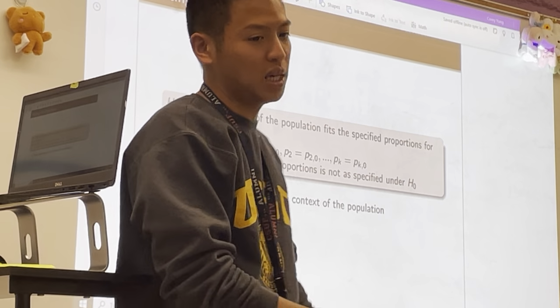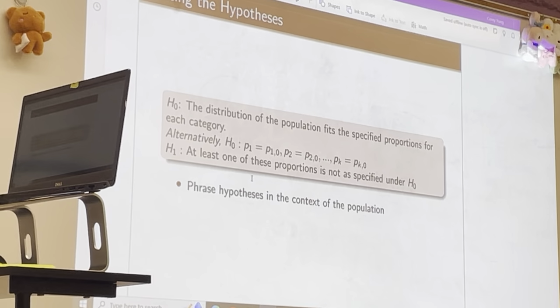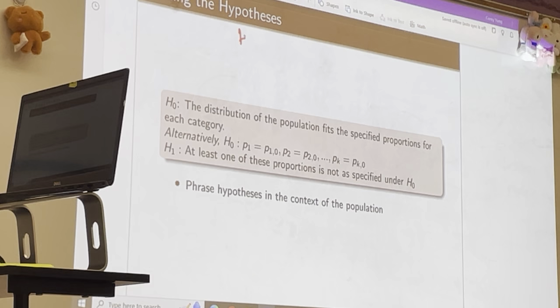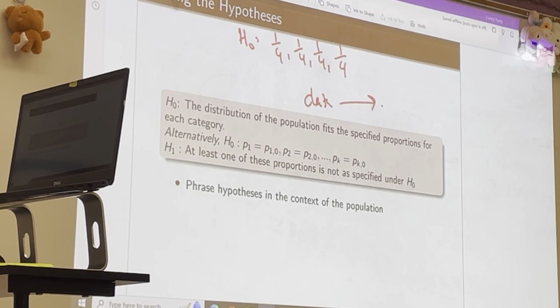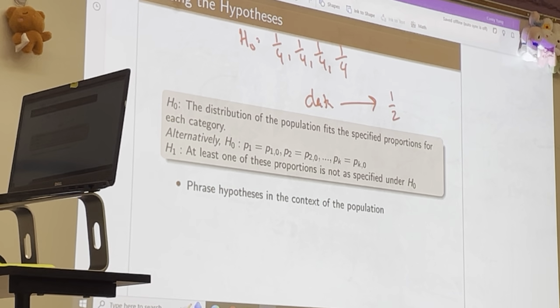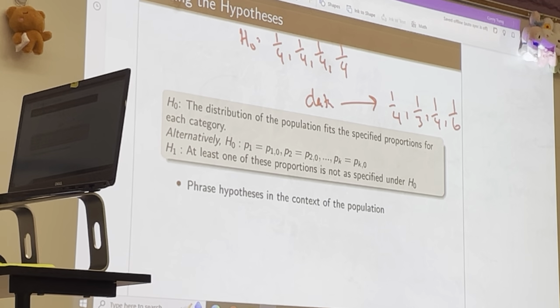So what does that mean? What happens under the null, going back to my example, if I assume that the 4 classes were equal, 1/4 across the board? But then my data tells me that it's 1/4, 1/3, 1/4, 1/6.